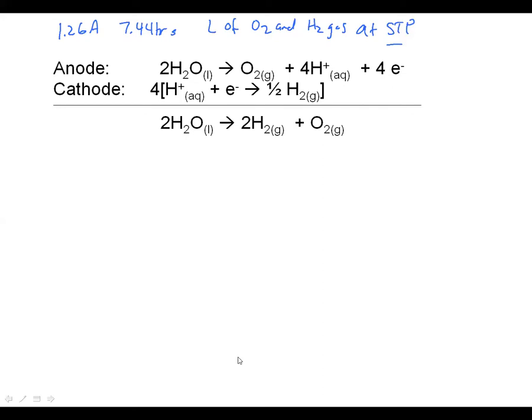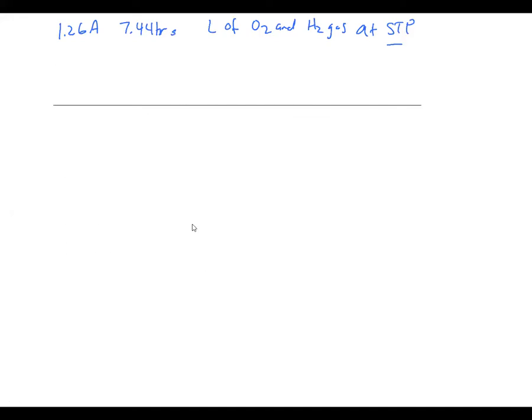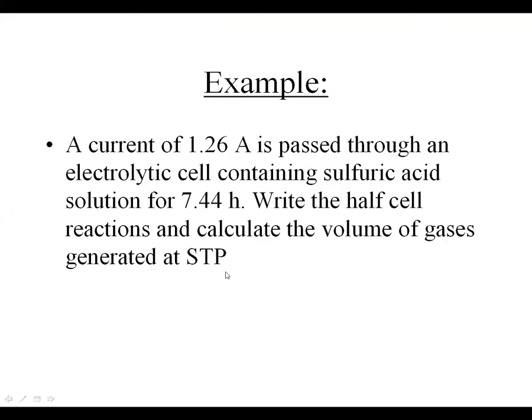Okay, so let us take a look and see how we're doing. So we're basically trying to find the liters of both of those gases, hydrogen gas and oxygen gas. And like I mentioned before, if we look at this problem and we read it, there's really no mention of water, for example.